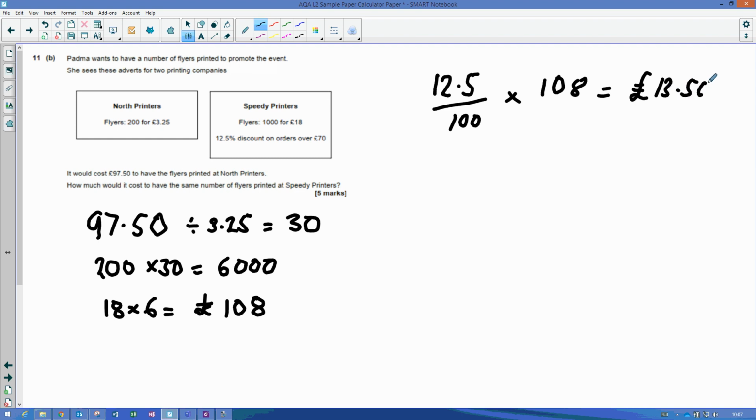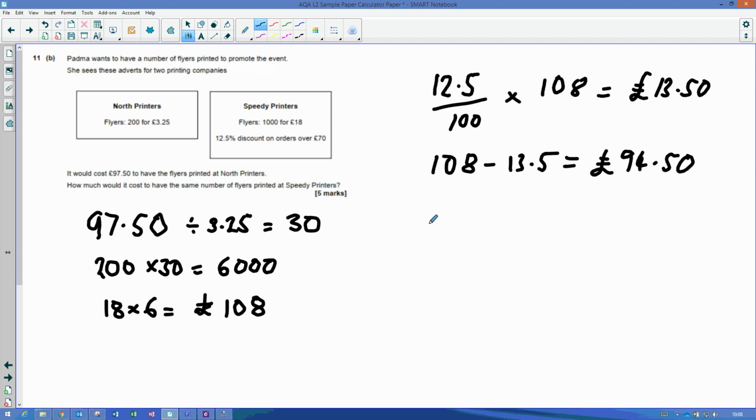So that's the discount, and then I have to take the discount off my amount. That gives me the final bill of £94.50. And that's fairly straightforward and it works. It's not actually the most efficient way to do it when you've got a calculator.